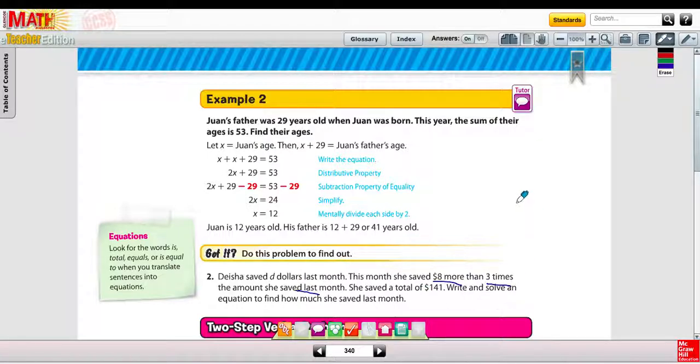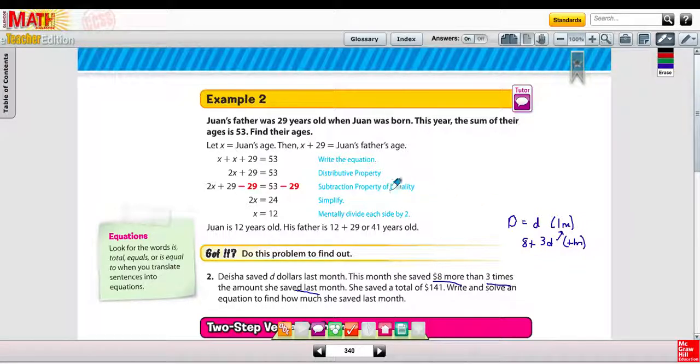So I'm going to start with what I know, that last month, LM, she saved $D. But this month, she saved 8 more than 3 times what she saved last month, which we just said was D. So that's what this month is, TM, for this month.